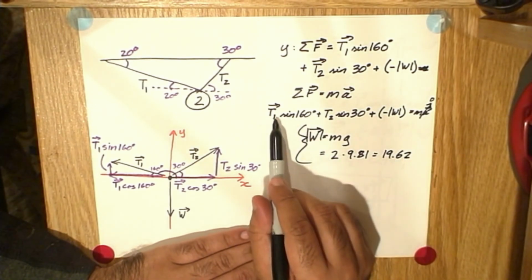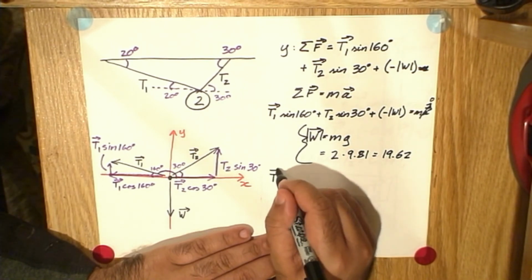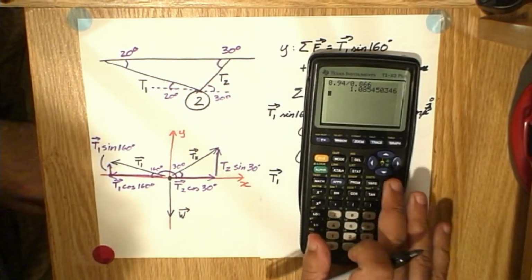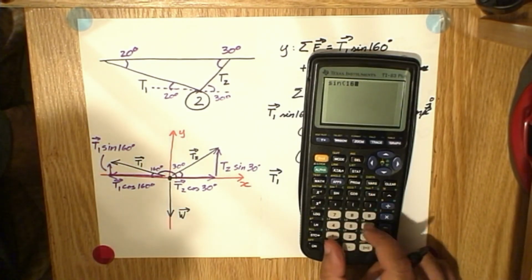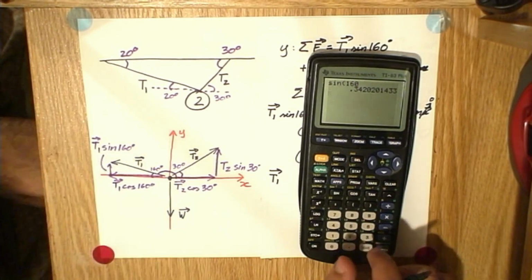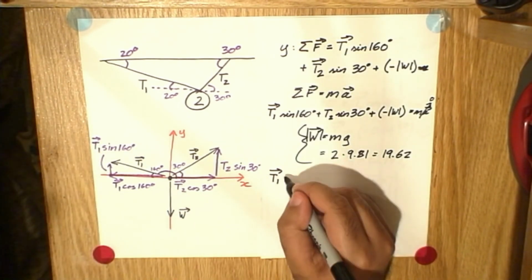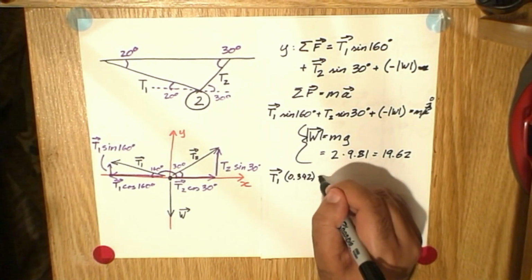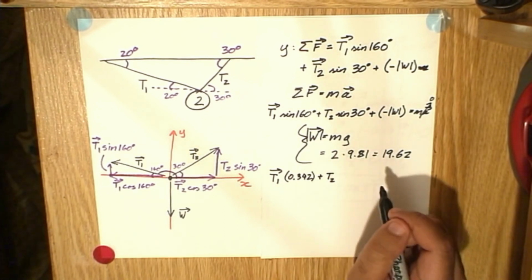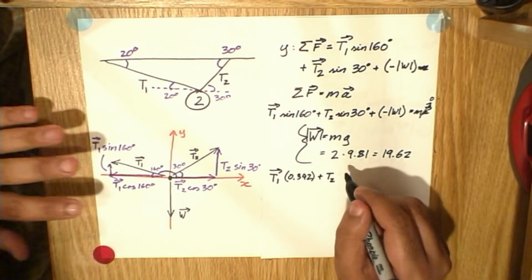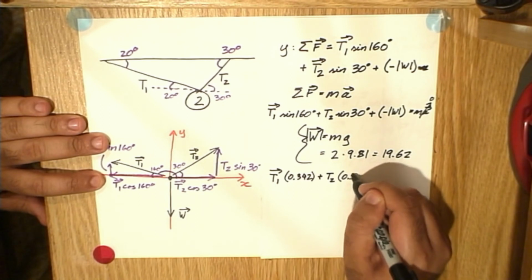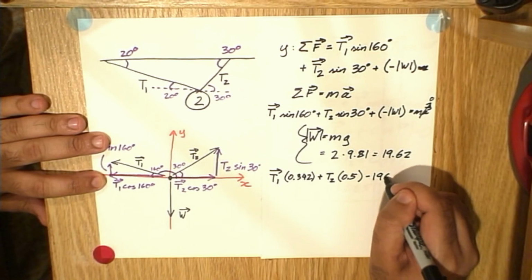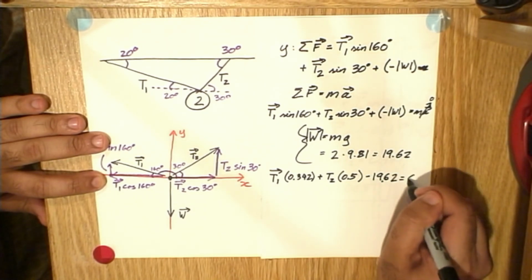So, T1 times, now let's start solving for some of these trigonometric quantities. The sine of 160 degrees is 0.342. Plus T2, sine of 30 degrees I happen to know is equal to 0.5, minus 19.62 equals 0.